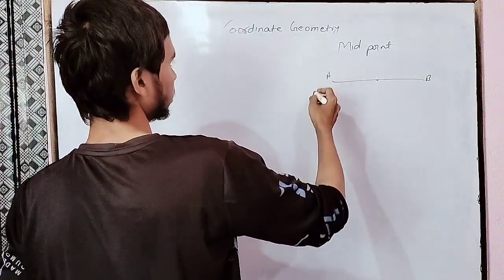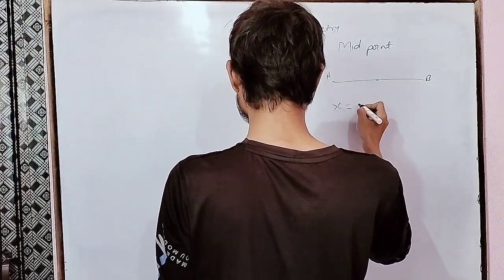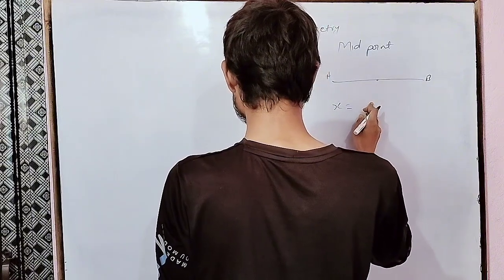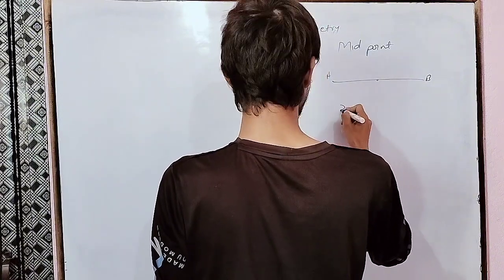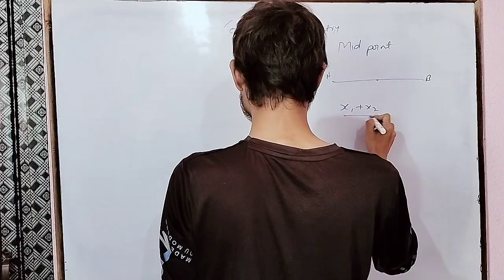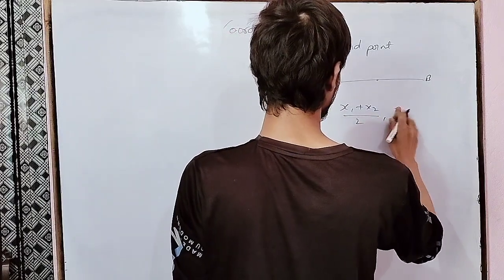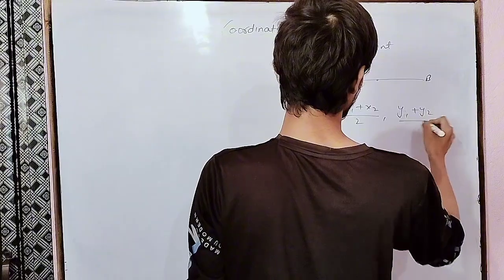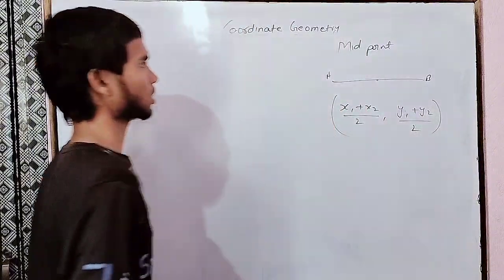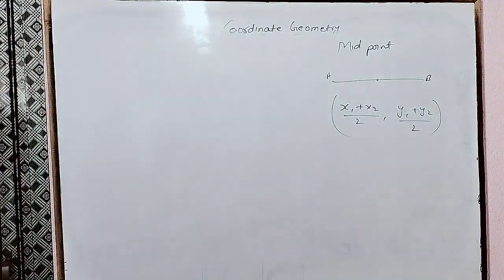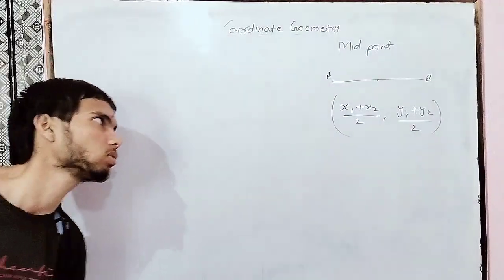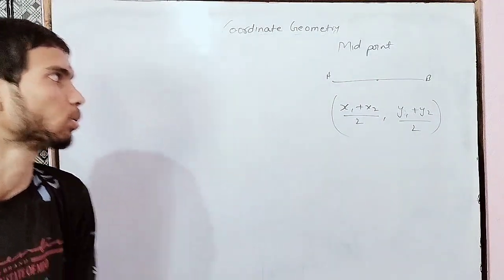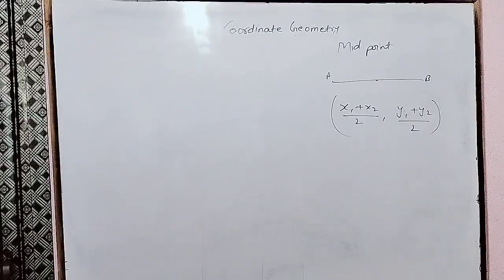Now, what is the formula of the midpoint? This is the formula of the midpoint. It says that you add x1 and x2 and divide by 2. Okay, so I am taking an equation based on this.